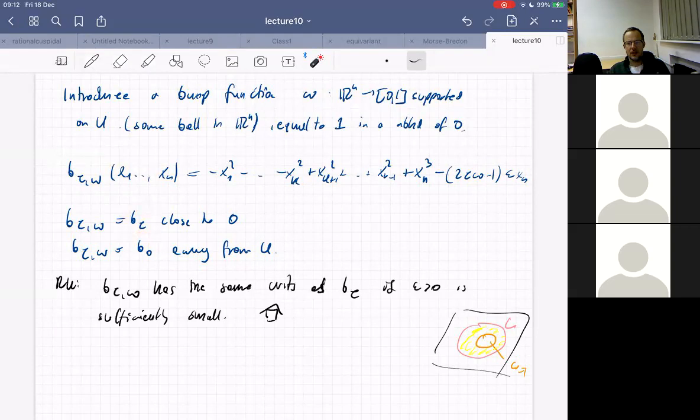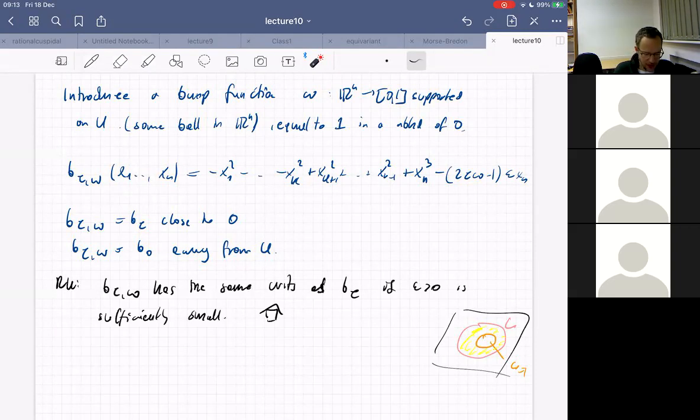And then I can say, well, okay, if my original function didn't have critical points, then by triangle inequality this length of the gradient is positive. So that gives you the fact that there are no critical points in that region.